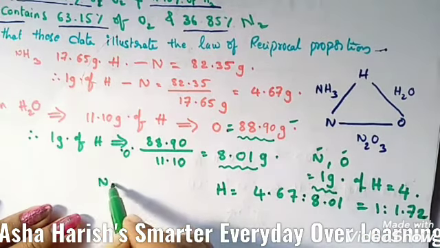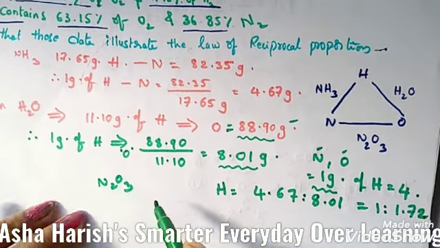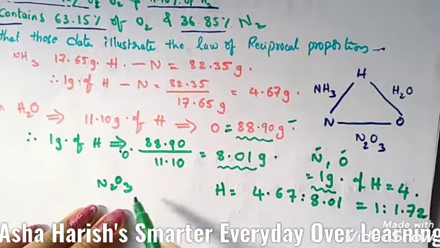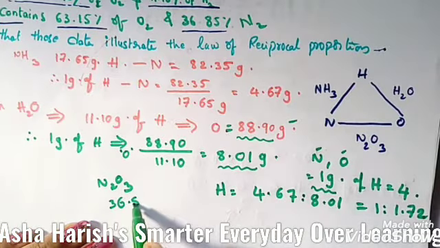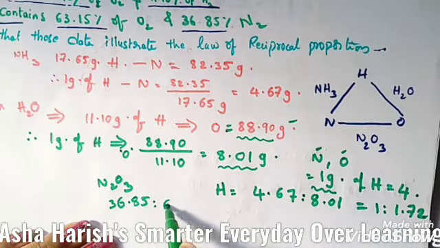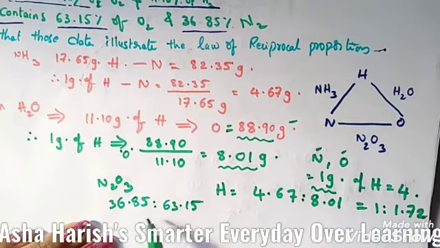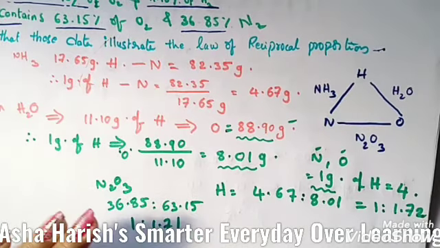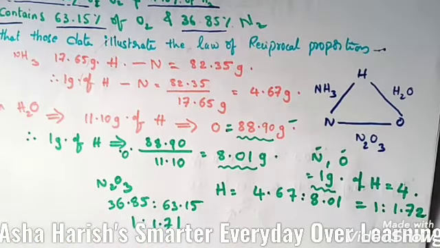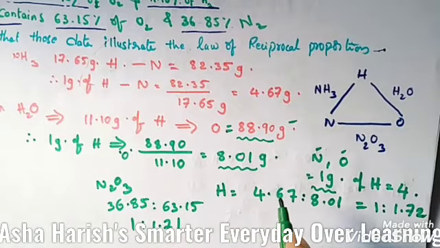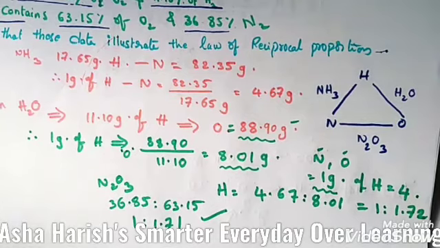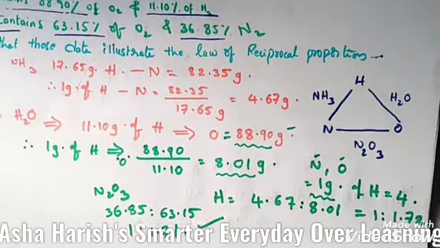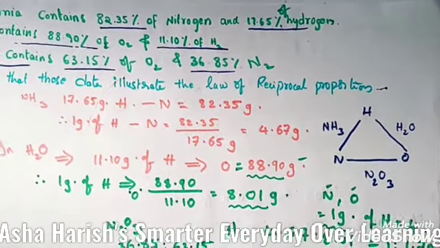In the case of N2O3, nitrogen trioxide, the ratio of masses of nitrogen and oxygen which combine with each other should be 36.85 is to 63.15, that is equal to 1 is to 1.71. Thus the two ratios are the same, hence it illustrates the law of reciprocal proportions. Okay students, hence this law of reciprocal proportions has been proved.